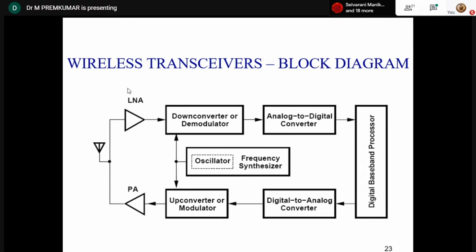In the RF section you have these components, and after down conversion or up conversion, you'll have the baseband section, where you'll be doing all the baseband processing. You can go for a baseband processor, either as a software solution, or you can have the RF solutions for a particular machine vision wireless startup.